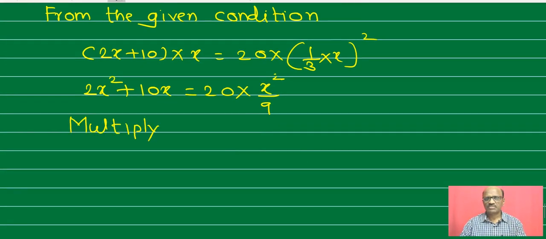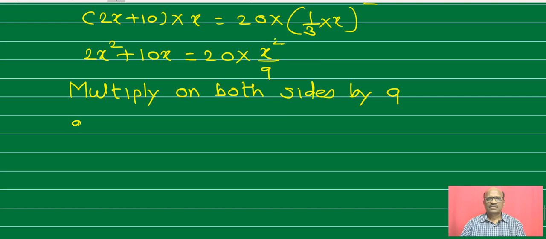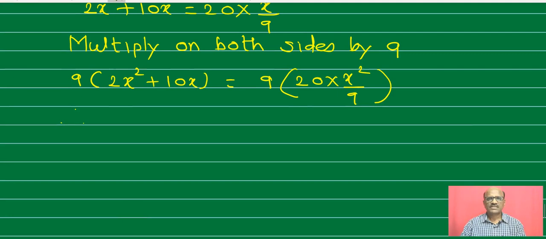Now simply multiply on both sides by 9, then you will get 9 in bracket 2x square plus 10x, that is 9 into 20 into x square upon 9, 9 get cancelled, that is 18x square plus 90x, 20x square.